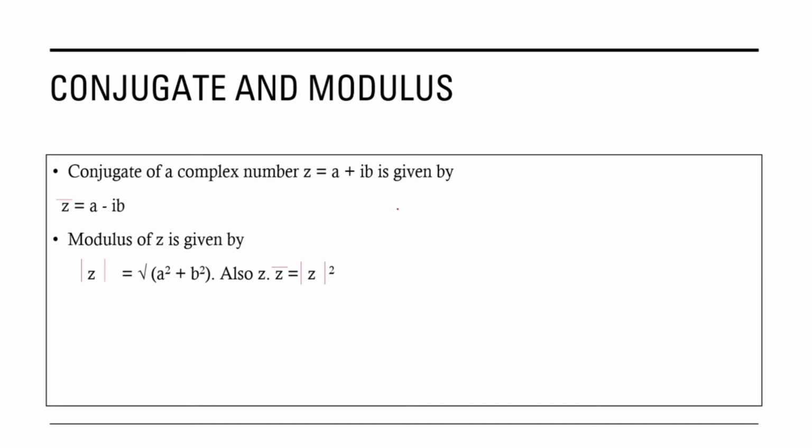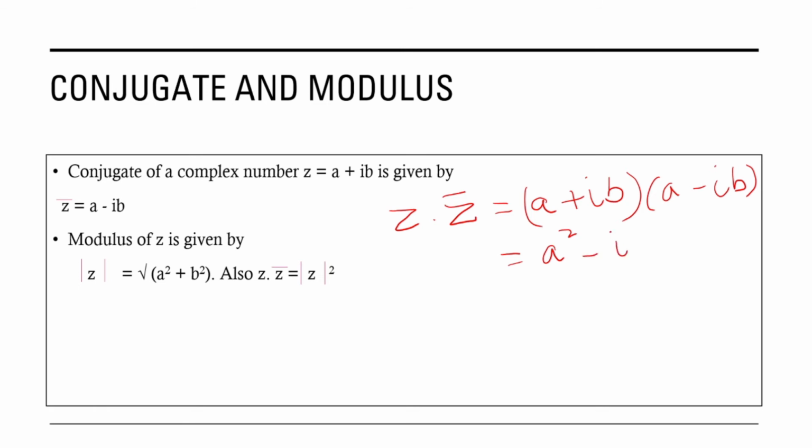We know that z is equal to a plus ib and z bar is equal to a minus ib. So z into z bar is equal to a plus ib into a minus ib. As you all know, this is of the form a plus b into a minus b, which is a square minus b square.